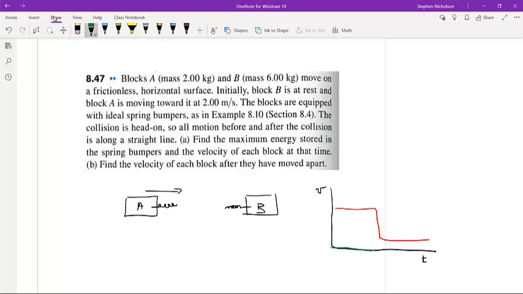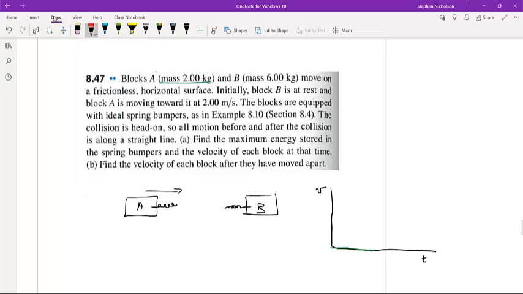Now the velocity of A actually could go the opposite direction. Here we're showing it going the same direction as it initially went, but theoretically, depending upon the ratio of the masses, it could go the other way. And it looks like with this mass being smaller, I would expect that this would actually go the other way.